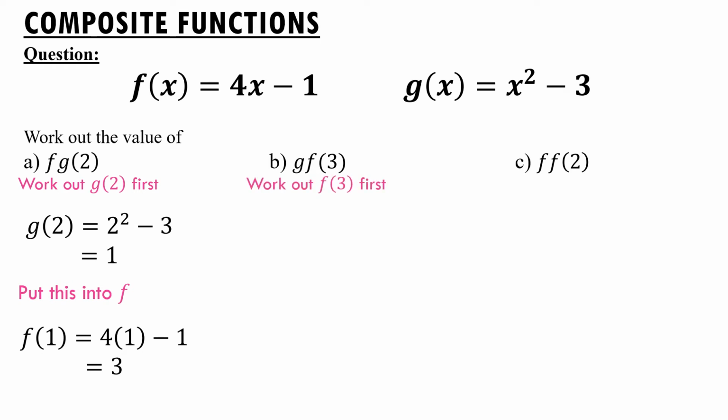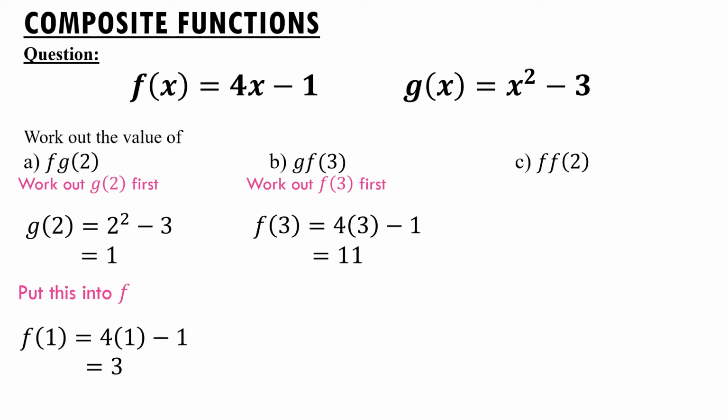On b, we've got f of 3 to work out first, because that's the inner function. So my x value in the f function is always going to be replaced with a 3. So f of 3 is 4 times 3, take away 1. 4 times 3 is 12, take away 1 is 11.